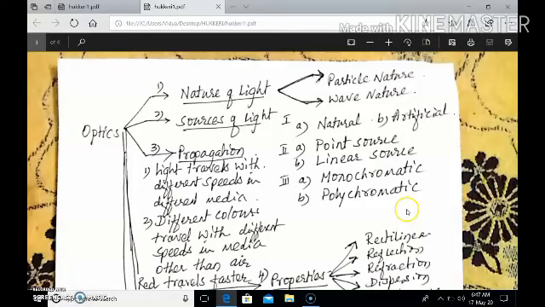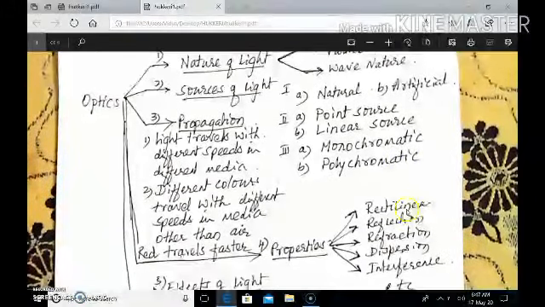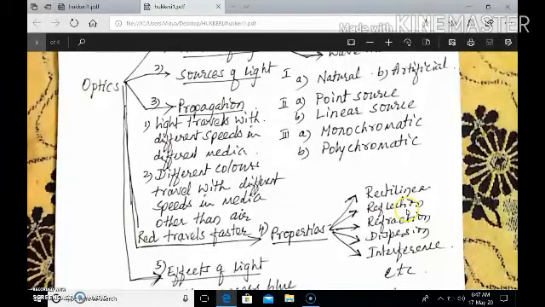Propagation of light. Light travels with different speeds in different media. Different colors of light travel with different speeds in a medium other than air.